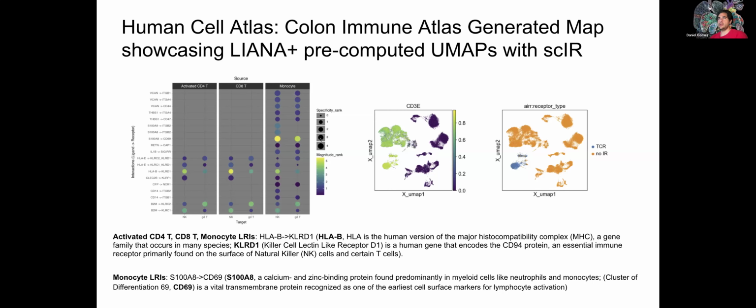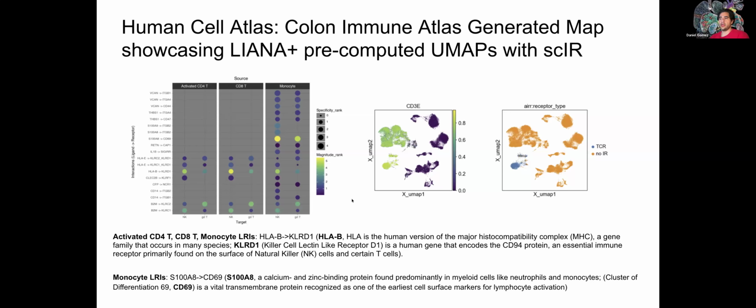So in the monocytes, in the innate immune system, we have S100A8 and CD69. S100A8 is a calcium and zinc binding protein that's predominantly found in the myeloid lineage, and specifically differentiated neutrophils and monocytes.